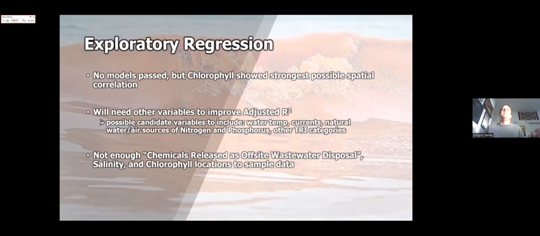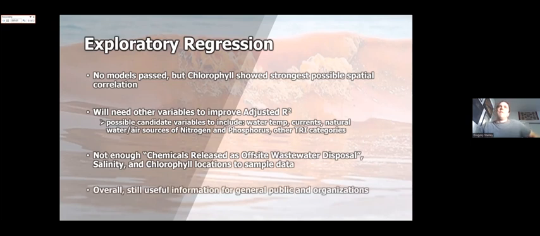So remember, the chlorophyll only showed, I think, in the Cape Coral area, and salinity only showed in the southern tip of Florida and a little bit in the Panhandle. But overall, this is still useful information to educate the general public, work with the government, maybe other organizations to warn about the hazardous effects of HABs and hopefully find ways to maybe mitigate them.